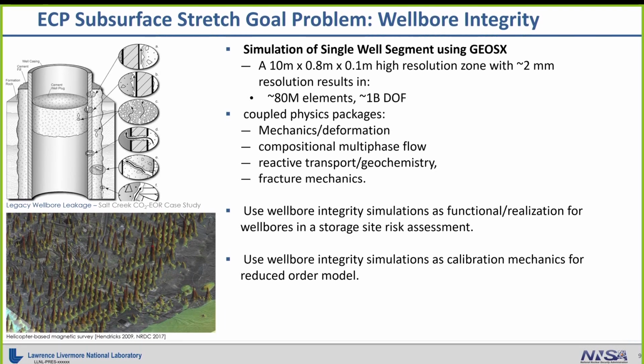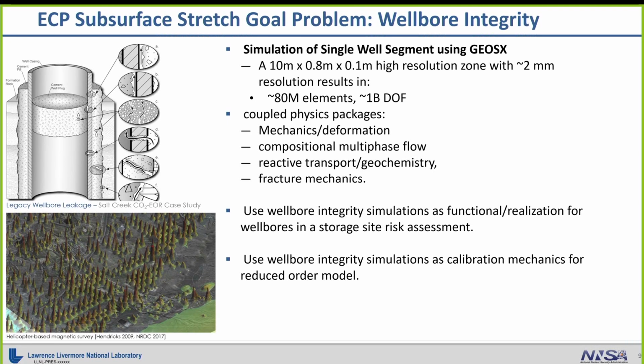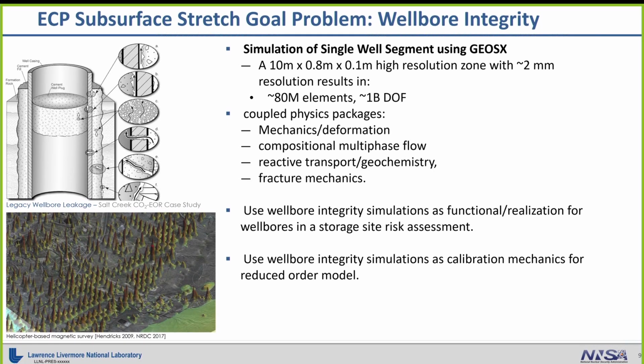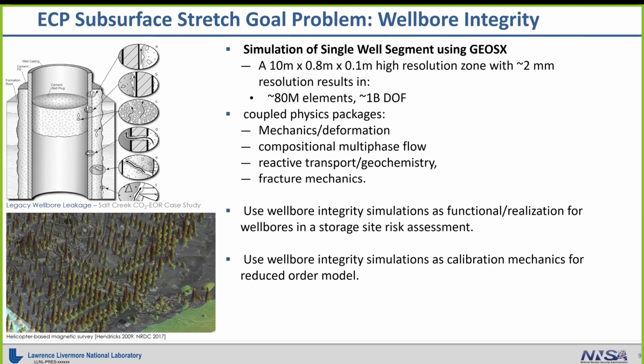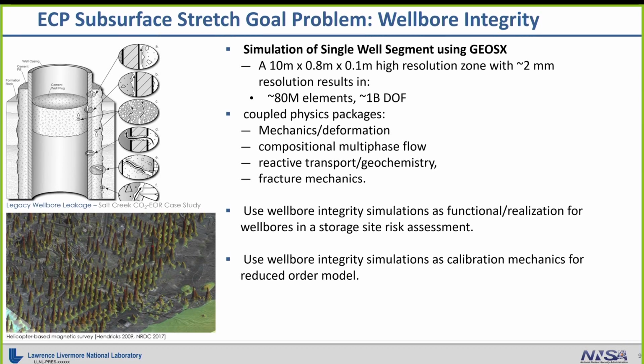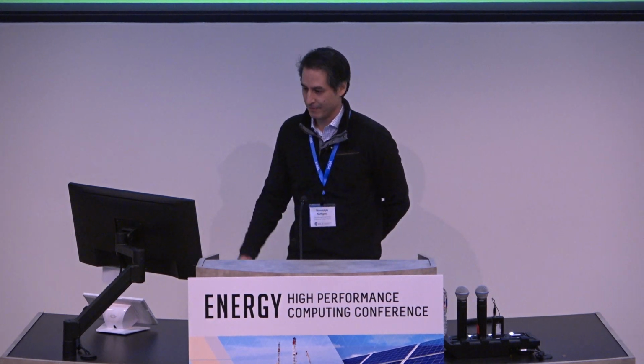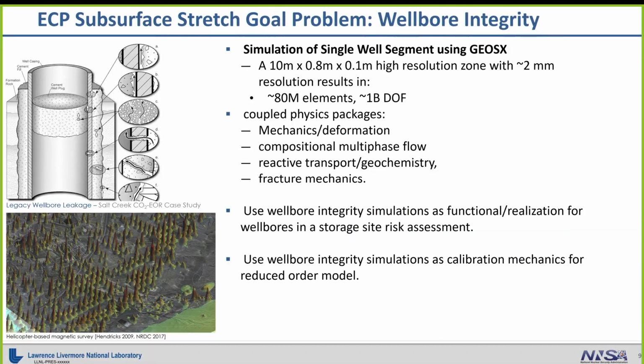The goal is that in a suite of runs where you're doing a storage site risk assessment, that would be the exascale problem composed of much smaller problems. Or we could use this problem potentially to calibrate reduced order models to then do a storage site risk assessment.